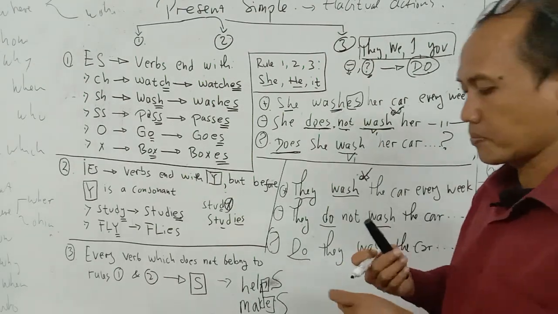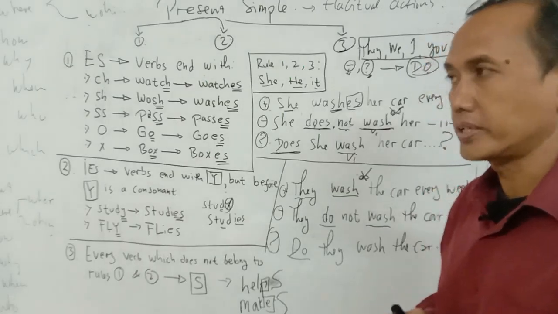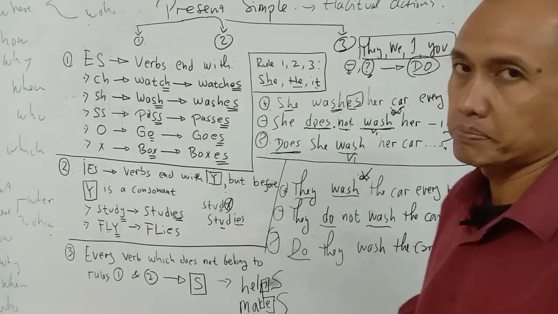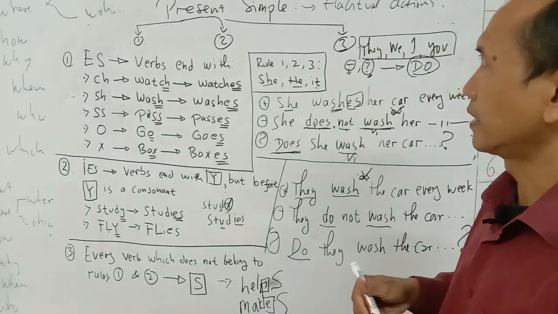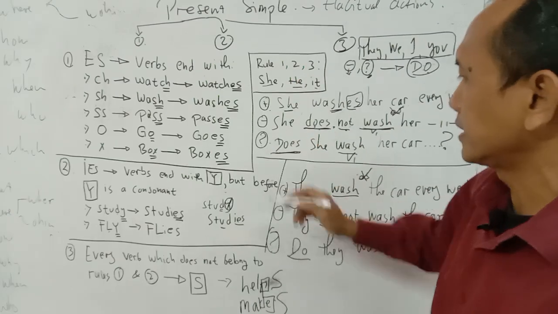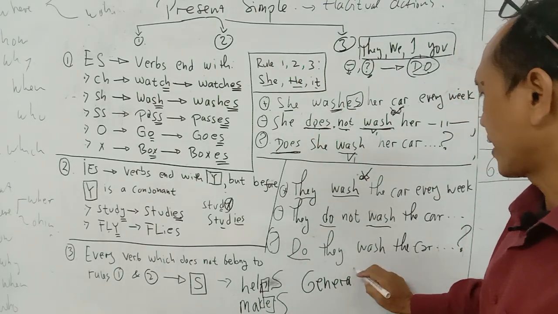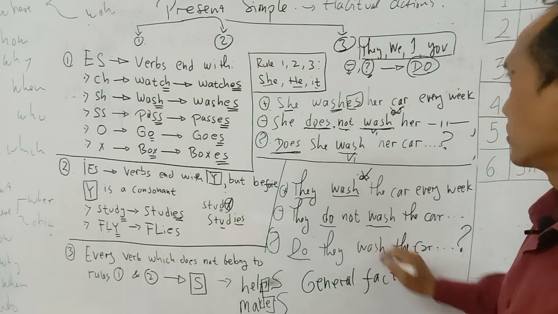When you want to express your habit or routine activity, habitual actions, you can use the present simple. And another usage for the simple present is for general fact. General fact also uses the present simple.